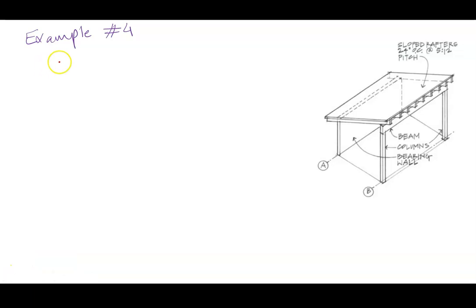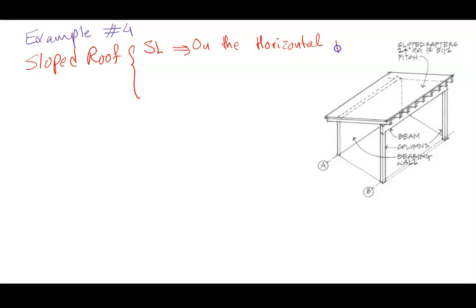So here, when we have a sloped roof, pay attention that a snow load is provided on the horizontal projection. So it's already on the horizontal projection of a rafter, for example.